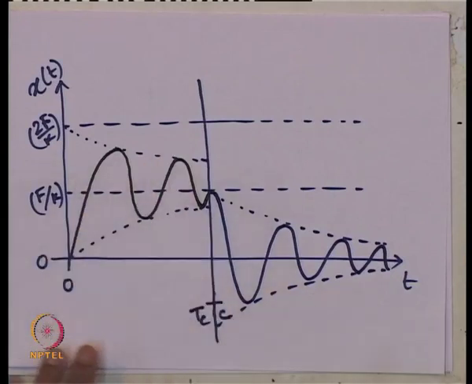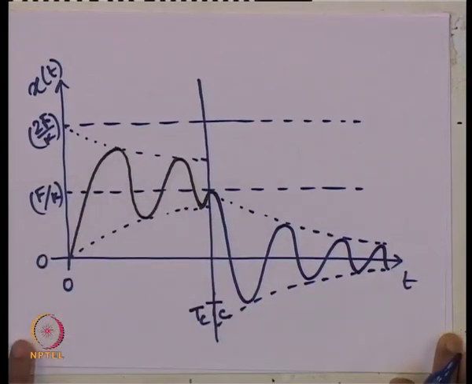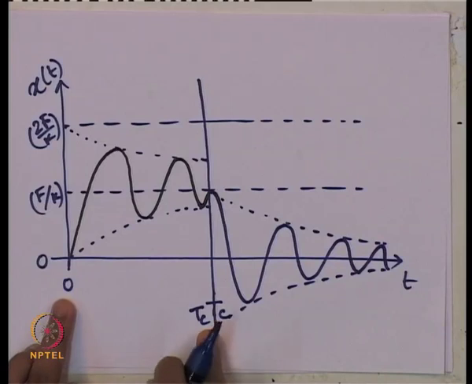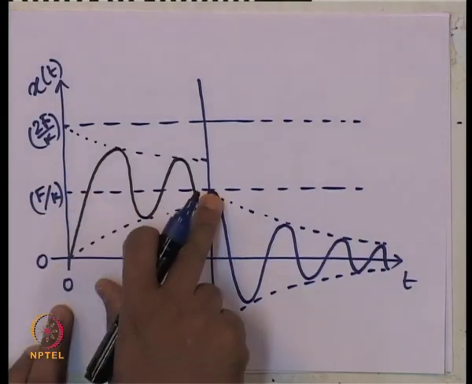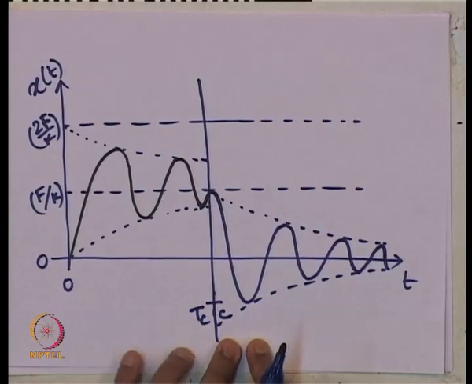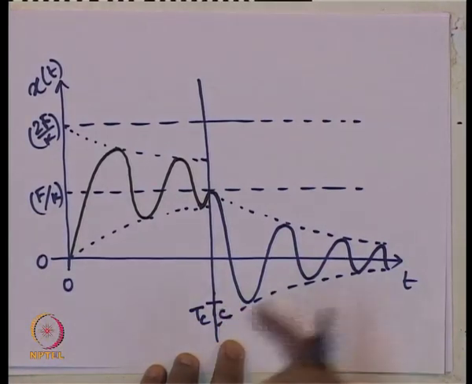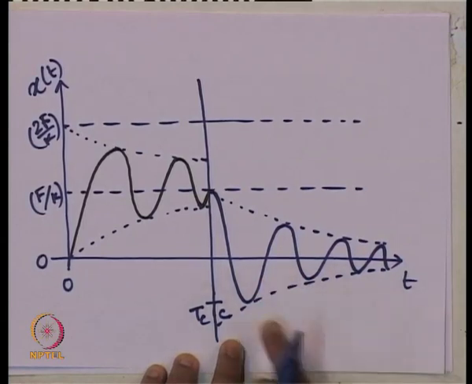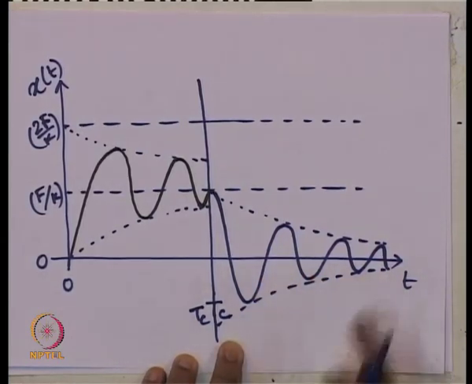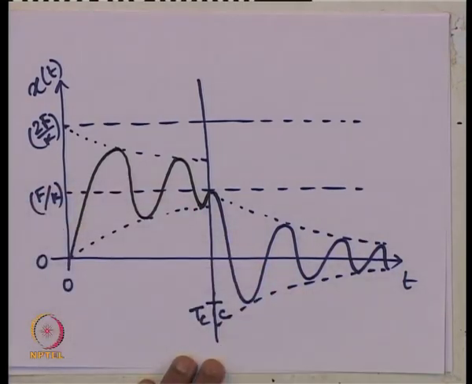That is the combined response of the system. Till time T c, when that constant force was acting, it was vibrating about its static displacement, about this line, and beyond T c, when it is removed and the case is free vibration, it is oscillating about this 0 baseline. Clear why the response should look like this?